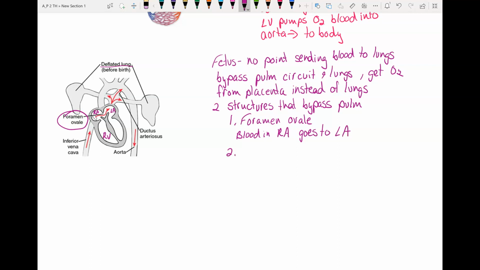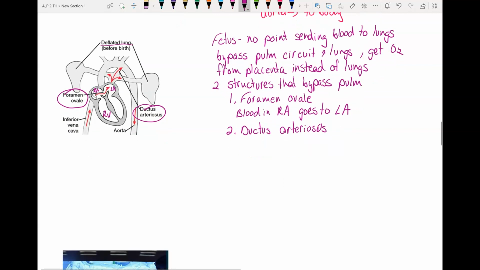The other structure is the ductus arteriosus. This structure connects the pulmonary trunk to the aorta. So this is the pulmonary trunk. Here's the aorta. So quite a bit of the blood will pass from the right atrium through the foramen ovale to the left atrium. Some of it will come down into the right ventricle.